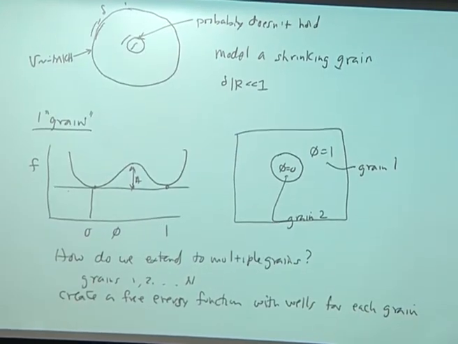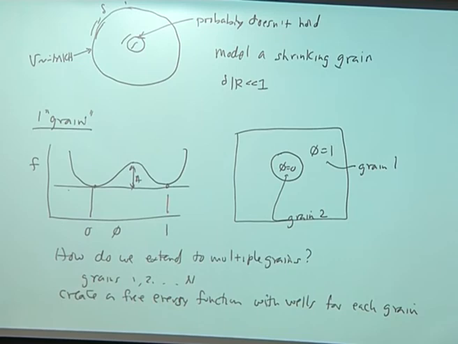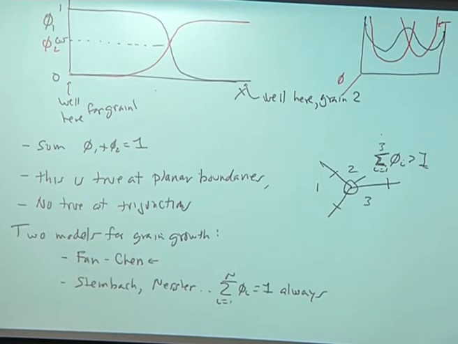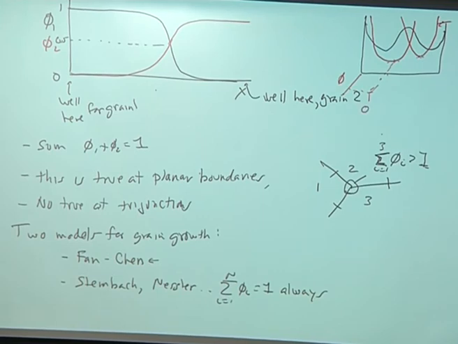You say phi equals 1 in phase 1, phi equals 0 in phase 2, and you couple the free energies of these two things, where now you move this out into phi space, where it's a certain composition, and that's phi equals 0, and that's phi equals 1.